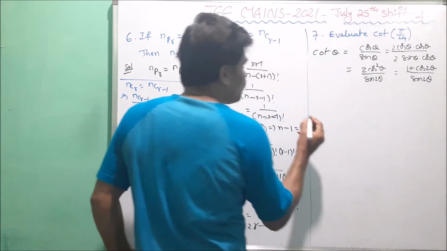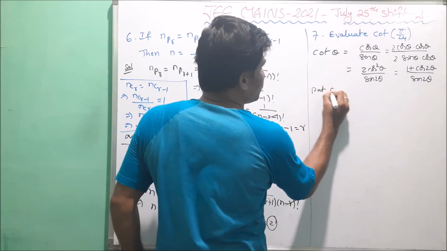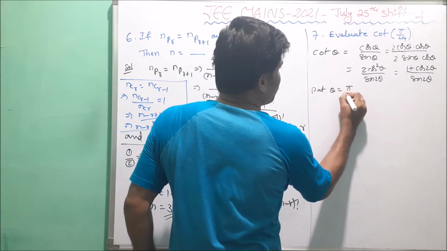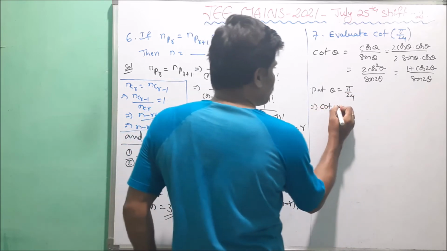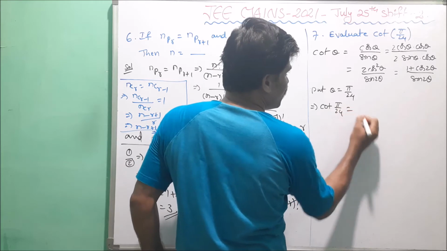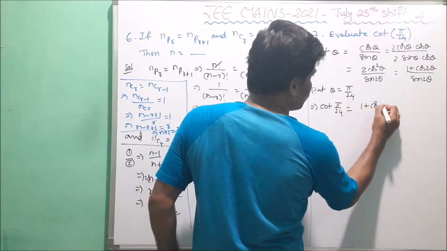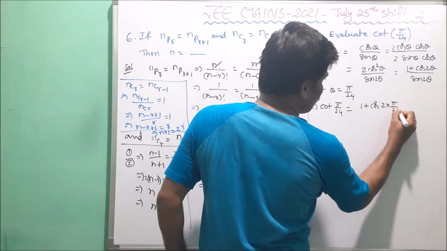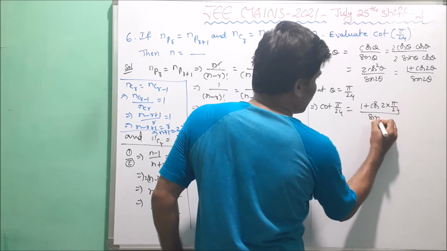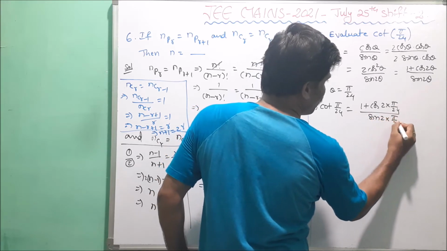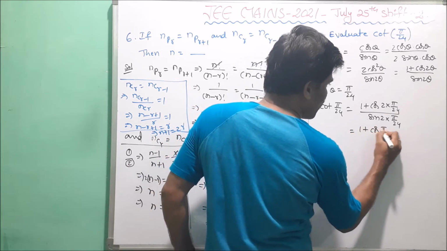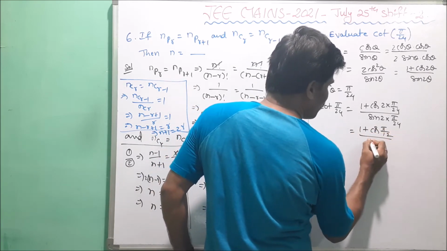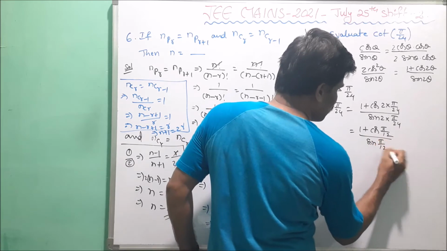Now in that one, put theta equal to pi by 24, which implies cot pi by 24 equals 1 plus cos 2 into pi by 24 by sin 2 into pi by 24. Now here we write 1 plus cos pi by 12 by sin pi by 12.